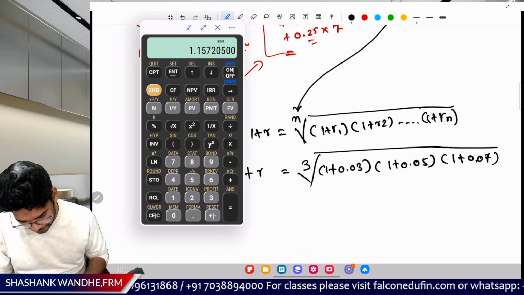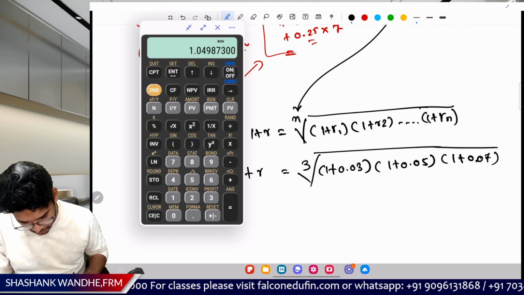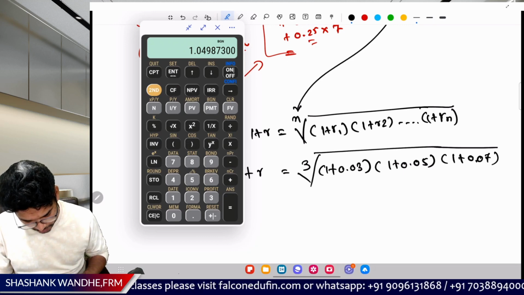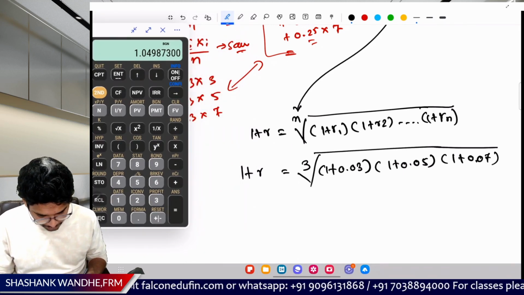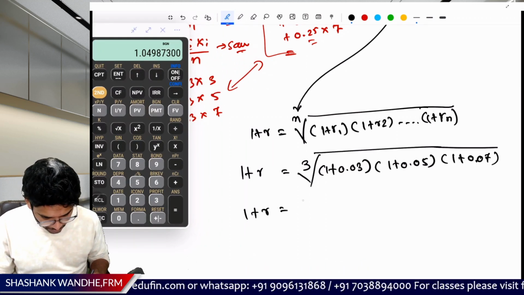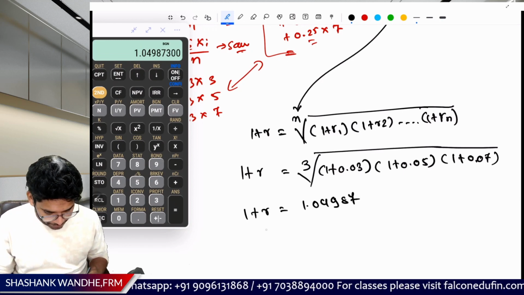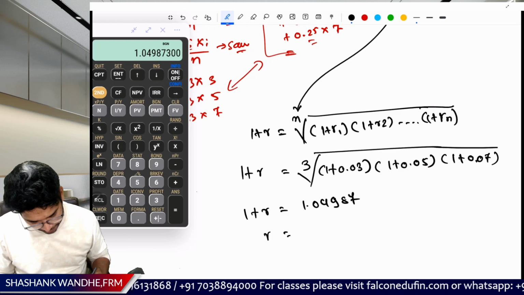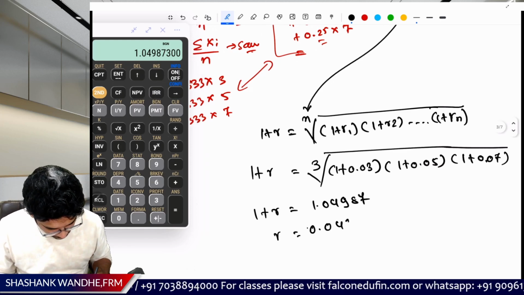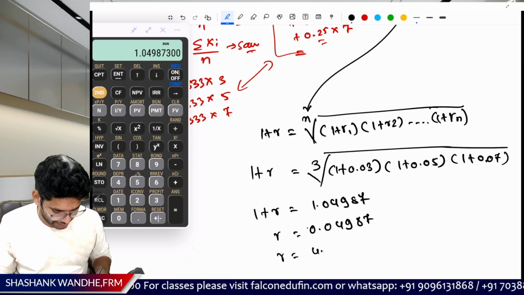What is the answer? Y to the power x, bracket open, 1 divided by 3, bracket close, and you get the answer. So 1 plus R is equal to 1.04987, and simply subtracting 1, you will have the answer 0.04987.